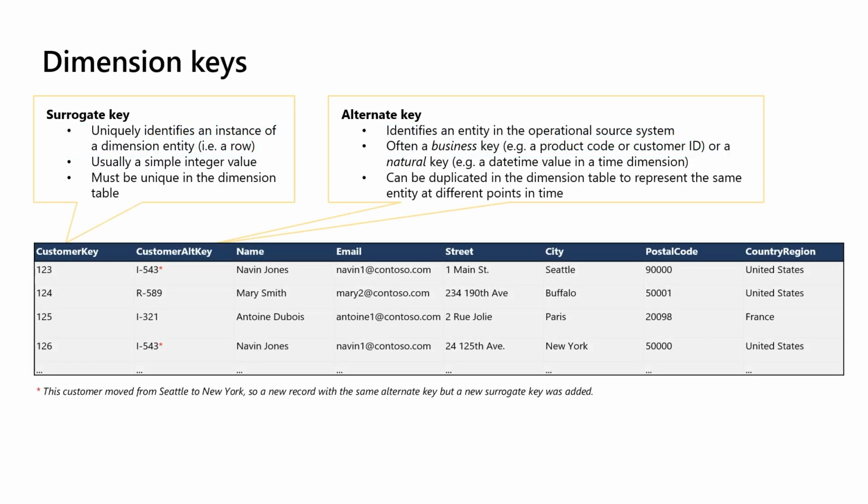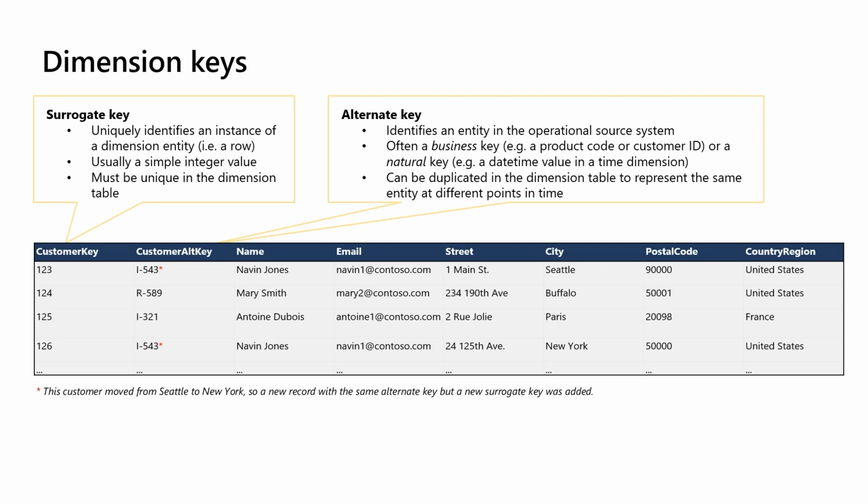Now let's talk about two dimension keys, a surrogate key and an alternate key. Surrogate keys only exist in the data warehouse, and they are used to uniquely identify each row in a dimension table, essentially. It's a primary key for the dimension table, and it's usually implemented as a simple, unique integer value.